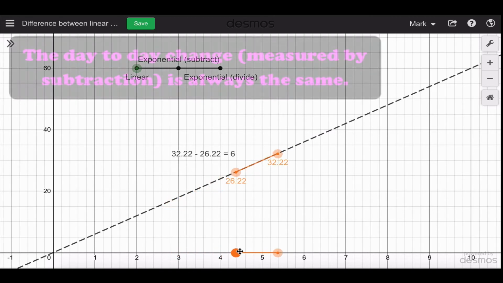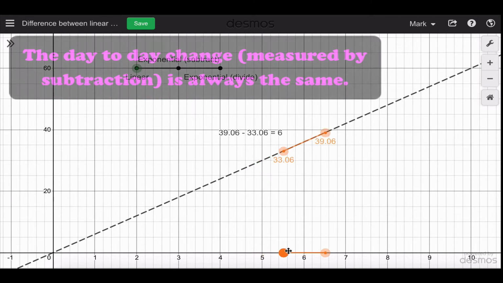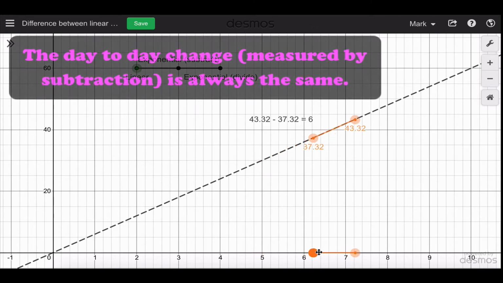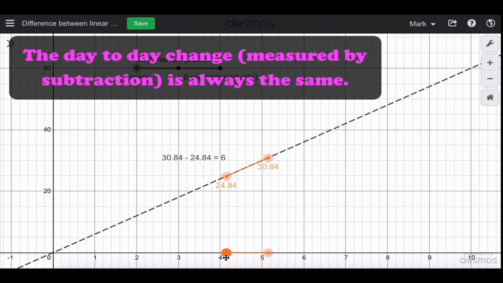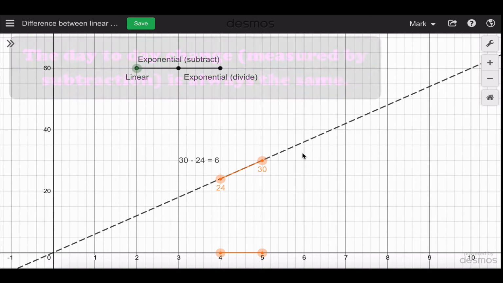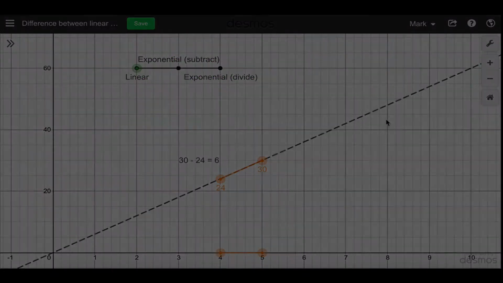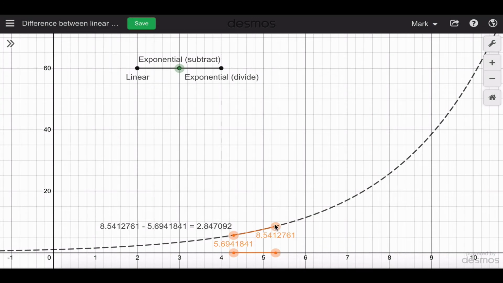The day-to-day change, when measured by subtraction, is always the same. And if I want to move forward in time, all I have to do is for every day, add 6 miles.